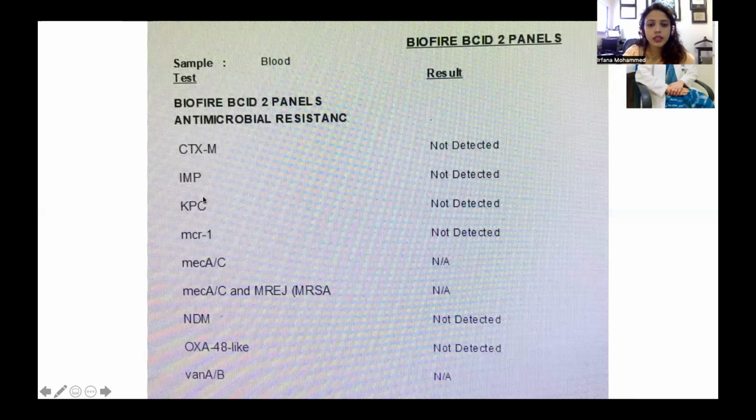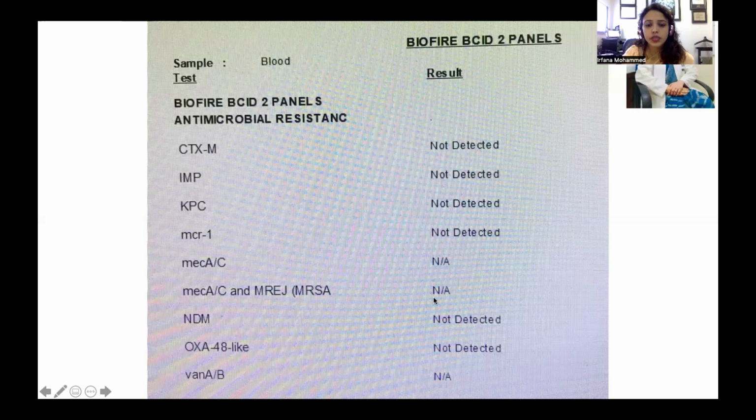This is IMP, not detected. This is a carbapenemase. KPC, Klebsiella pneumoniae carbapenemase, not detected. MCR is for colistin resistance. This is not detected, which means there is no colistin resistance. These two carbapenemases are not there. ESBL CTX-M is not detected. mecA and mecC are for MRSA.